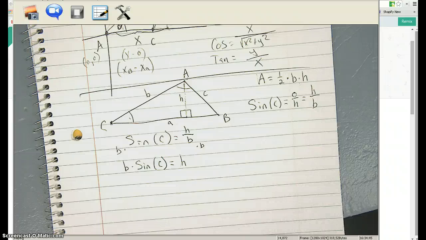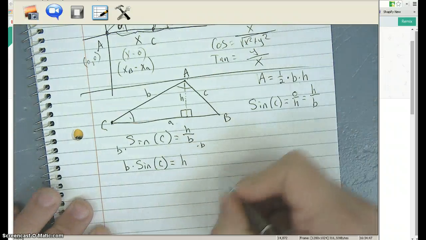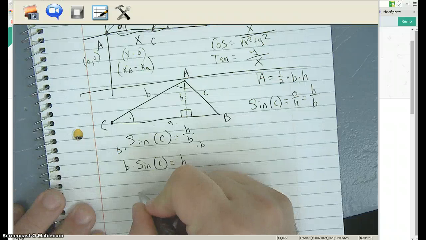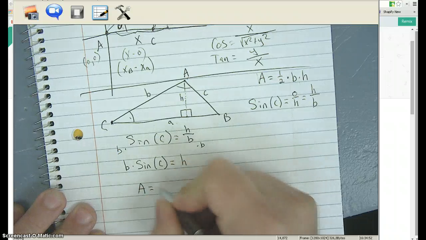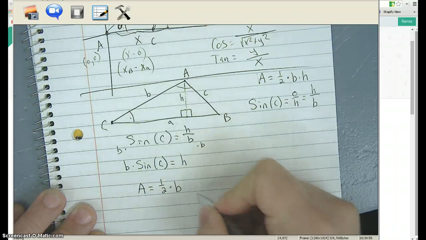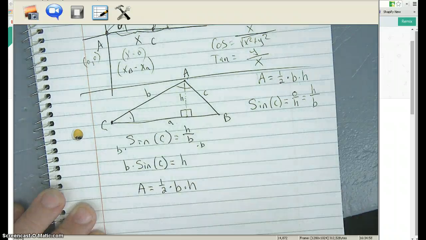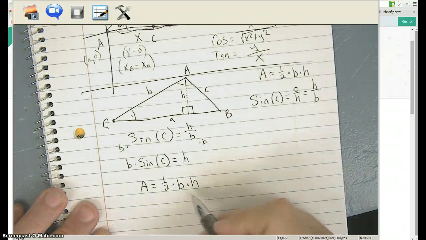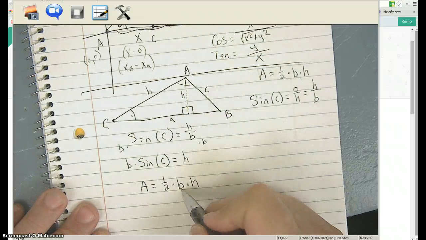What are we going to do? Well, let's start with the area of a triangle. Again, area of a triangle is equal to 1/2 times the base times the height. And let's substitute what we know our base is in here.